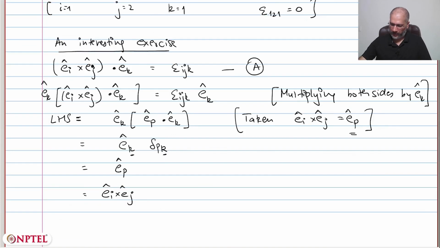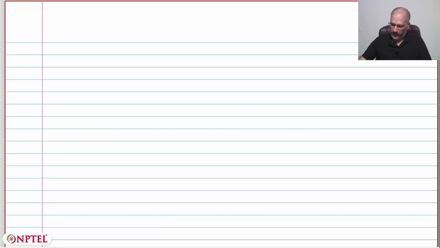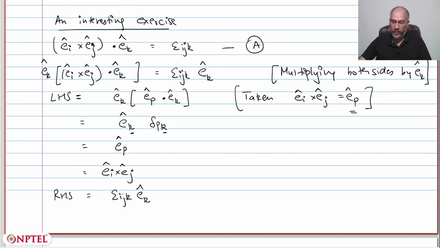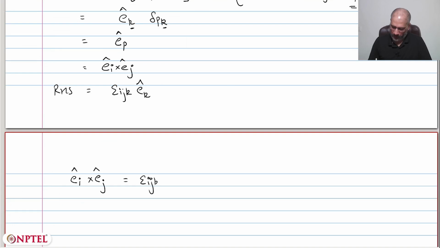Now let's see what the right hand side is. There's no simplification happening there: epsilon_ijk e_k. So let's write it down. Starting with the boxed expression A, what we have got is e_i cross e_j is equal to epsilon_ijk e_k.